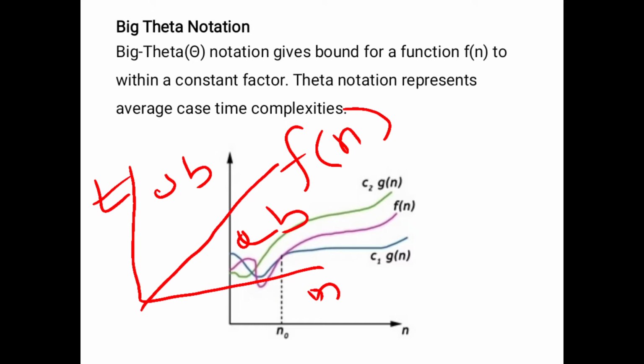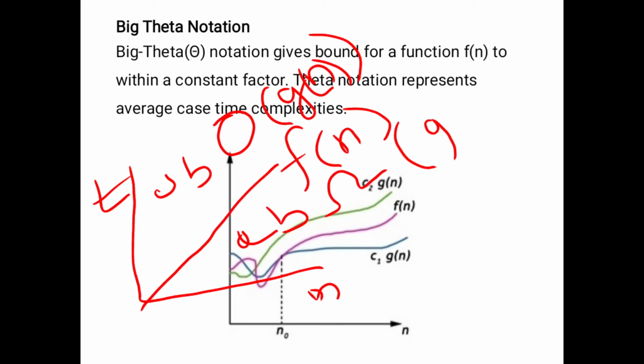So upper bound means big O of g of n. Then the lower bound of an algorithm is represented by big omega of g of n. So this is the omega notation concept.